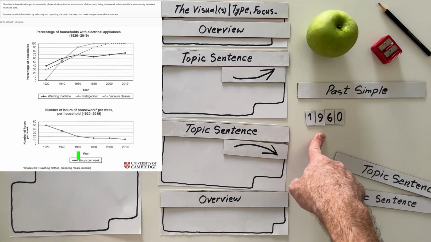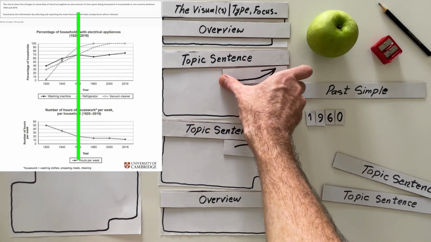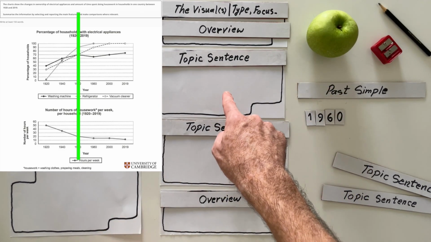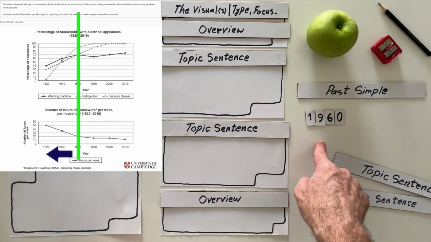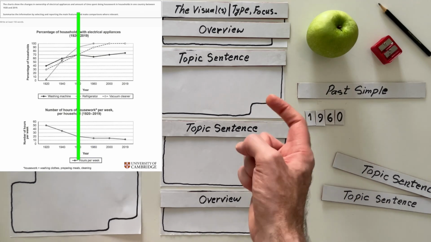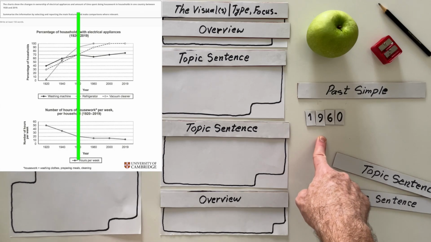Make this a turning point. Make this paragraph before 1960 and this one after 1960. If you look at the charts, you will see why I'm choosing this year.